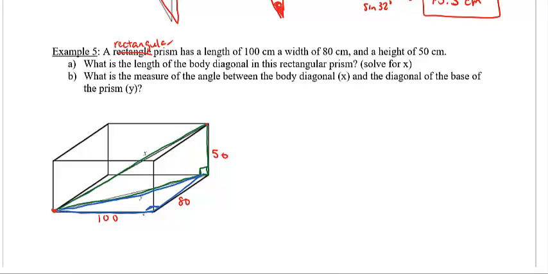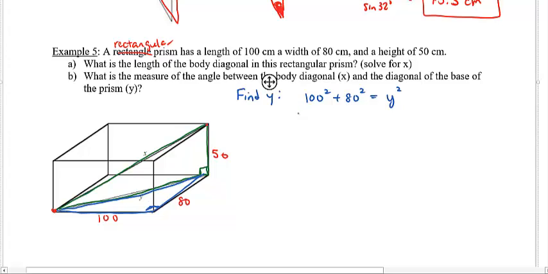So can you figure out x now? Yeah, you've got to figure out y first. So we'll find y first. I'm given only two lengths, so once again, to find the third side, it's Pythagoras time. In this case, it's y. 100 squared is what? 10,000. 80 squared is 6,400.